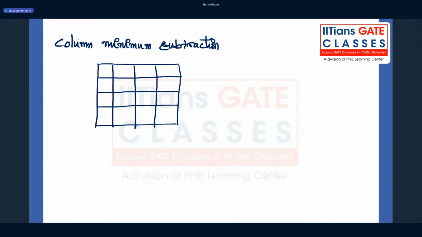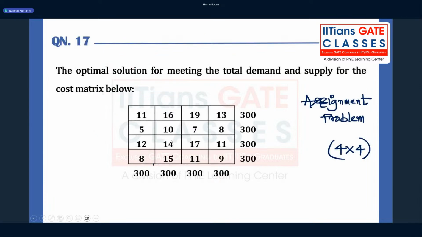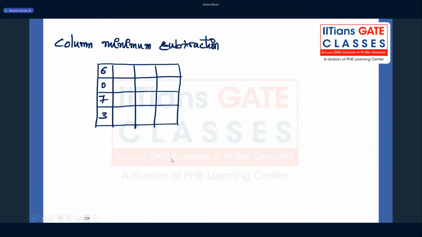Right. So this is 6, 0, 7, 3, right? And in this column the minimum is 10, so 1, 6, 0, 2. This is 6, 0, 4, 5, right? 10 is your minimum value there.